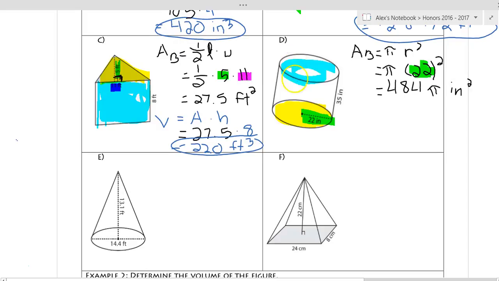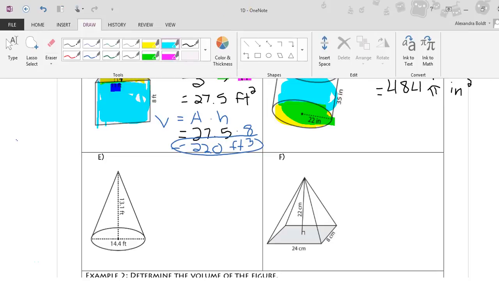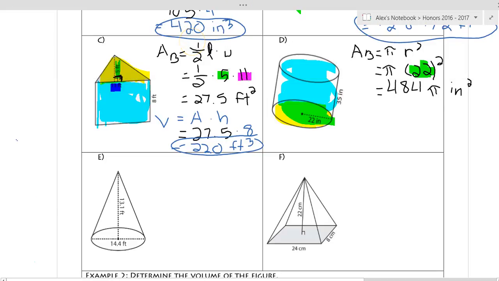Now, when I'm finding the volume, I'm filling in the rest of the cylinder. I'm stacking all those circles on top of each other. So the volume of my cylinder equals the area times the height, which is 484 pi times 35.